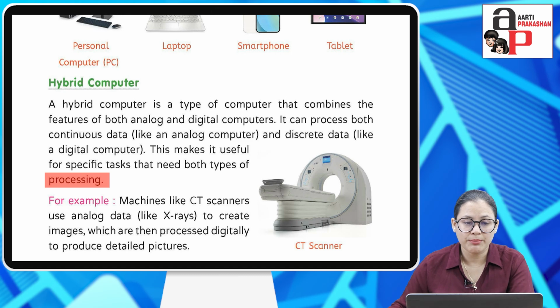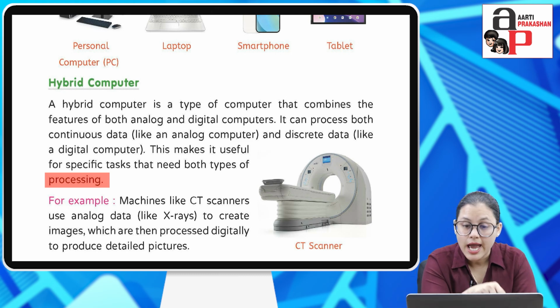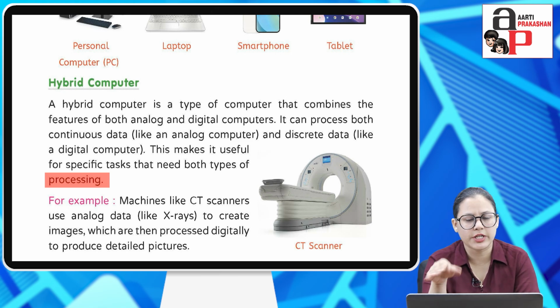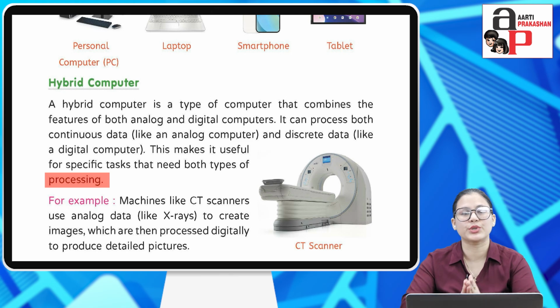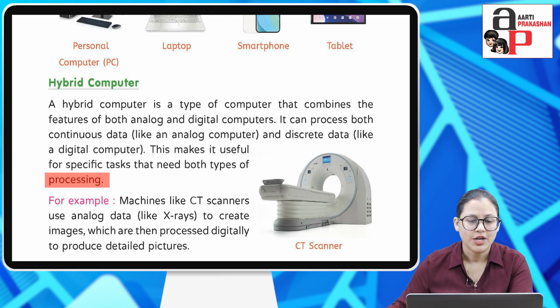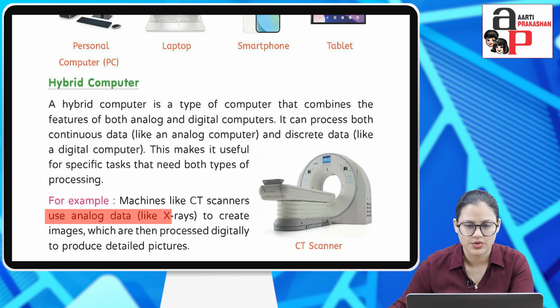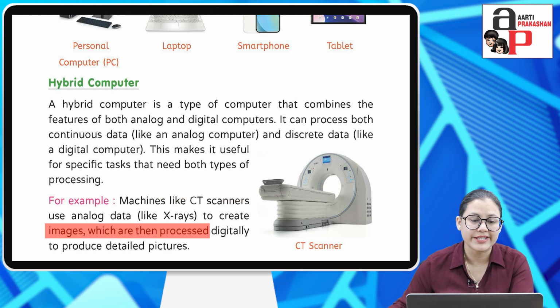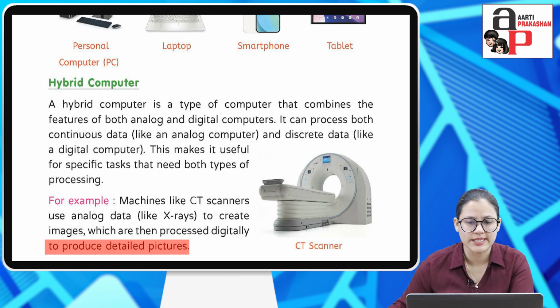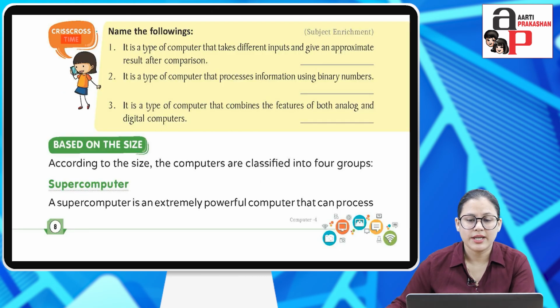For example, machines like CT scanners use analog data like X-rays to create images, which are then processed digitally to produce detailed pictures. So CT scanners are examples of hybrid computers. Now, crisscross time: name the following, you will do it by yourself.